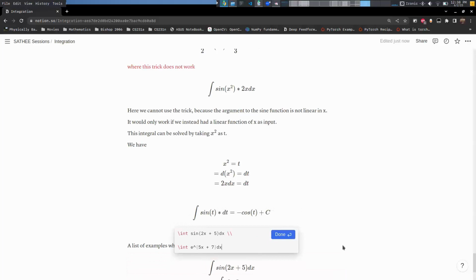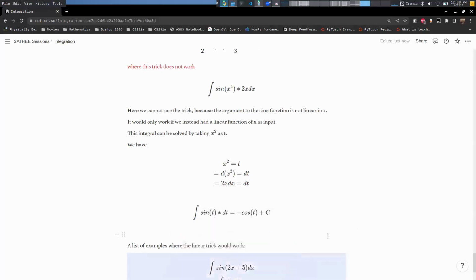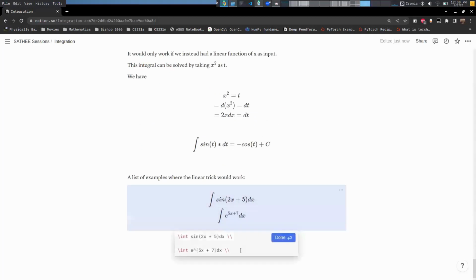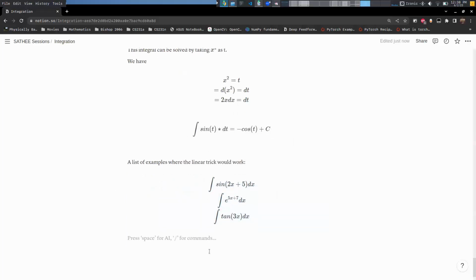You see that the arguments to the functions are themselves linear in x. More examples: suppose we had the integral of tan of 3x dx. We would again be able to use this. I hope you have understood when this can be used.